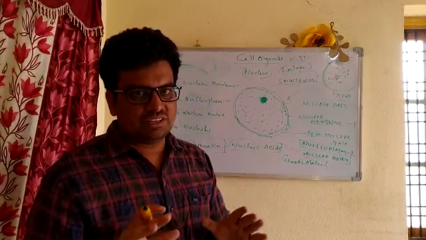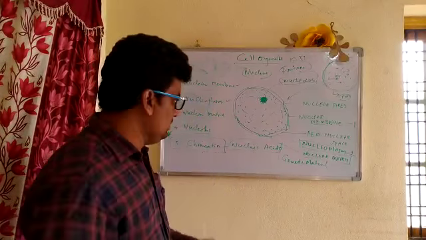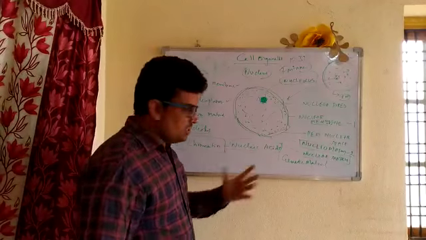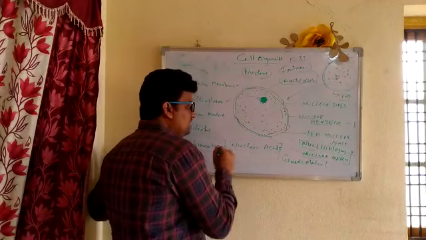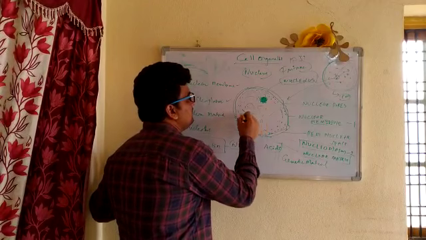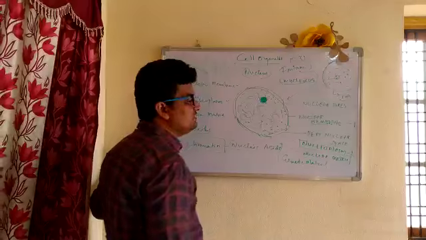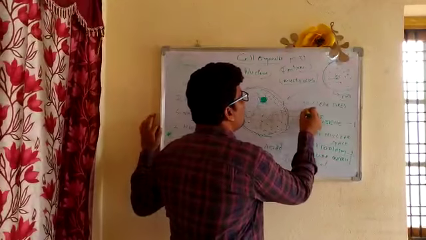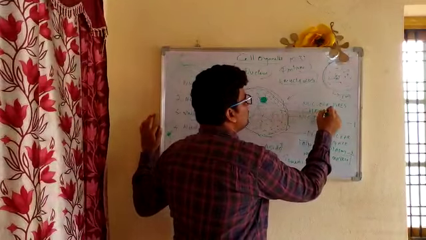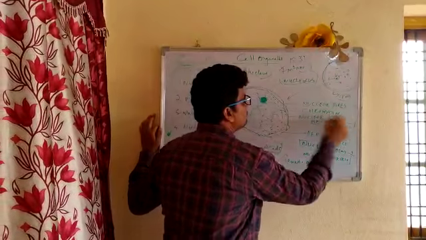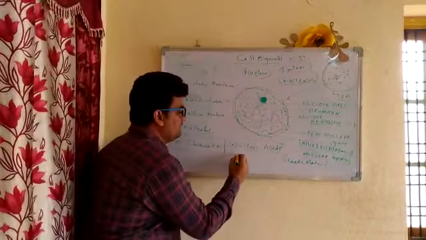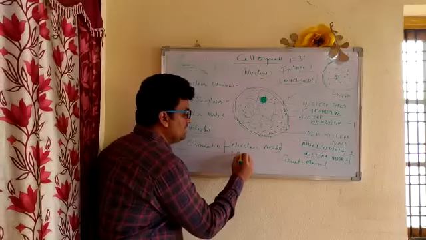Everything is present in the DNA and RNA, which are called nucleic acids. The nucleic acids are present in thread-like structures within the nucleus, called chromatin. So chromatin has nucleic acids, such as DNA.